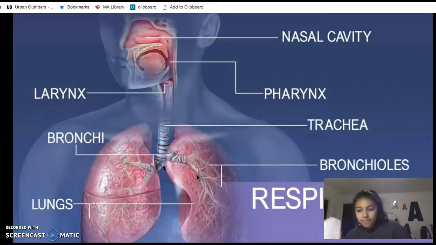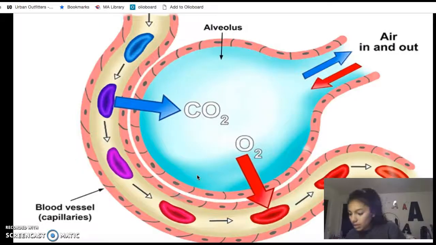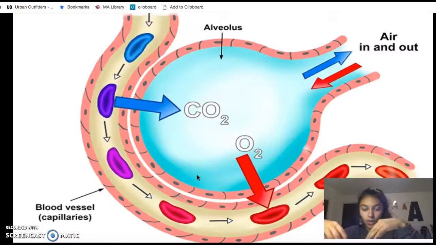And then, once the oxygen moves from the alveolus to the capillaries through diffusion, CO2 moves from the capillaries to the alveolus via diffusion due to the concentration gradient, which causes it to move from an area of higher concentration to an area of lower concentration.